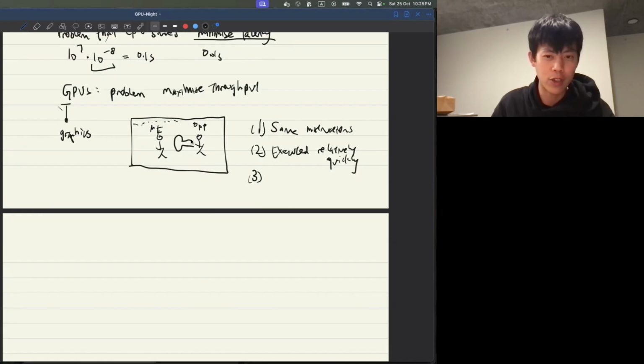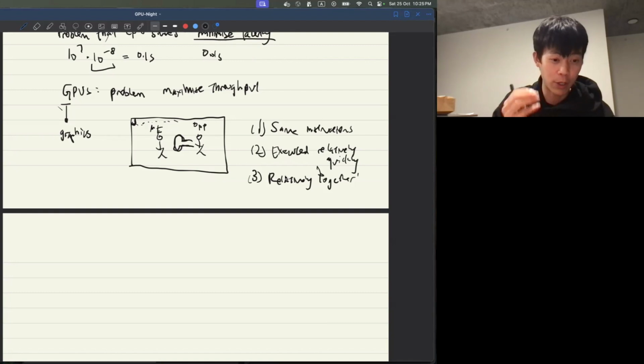For example, if someone is throwing a punch at me, it wouldn't help me if the top left pixel gets rendered super fast. I will still not know there's a punch coming. So we want them to be relatively together. I don't know what is a better way of phrasing this. Basically, all the pixels, I want them to be rendered at the same time, right? I want my whole screen to update at the same time.